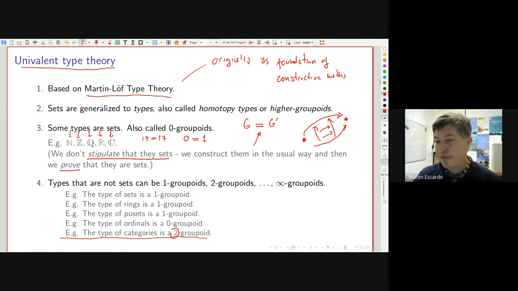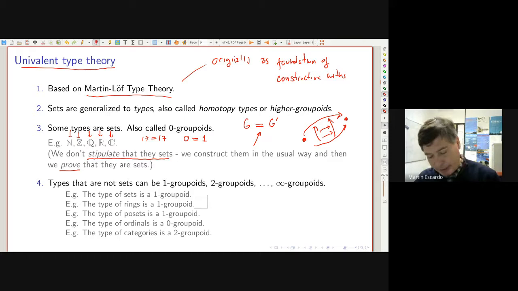And this is why Voevodsky wanted to do this, because in homotopy theory this kind of structure arises, and he wanted a formalization, a foundation, which could more directly formalize infinity categories and homotopy theory. But I'm not going in this talk to talk about homotopy theory or infinity categories.